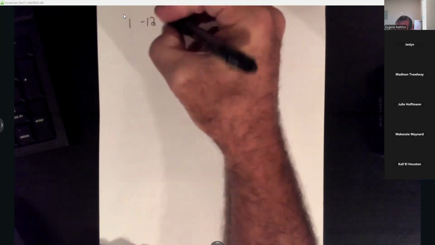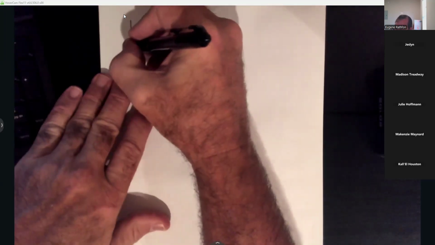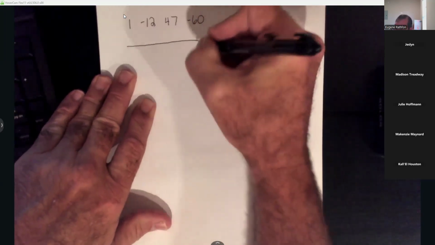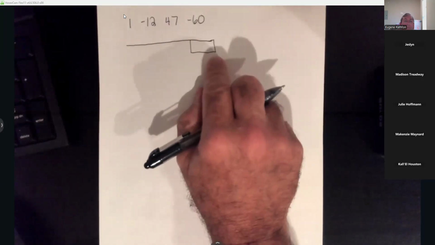So my coefficients were 1 for the x cubed, negative 12 for the x squared, 47 for the x, and then my negative 60. We're going to leave a little space, draw our line, and box under the last number.